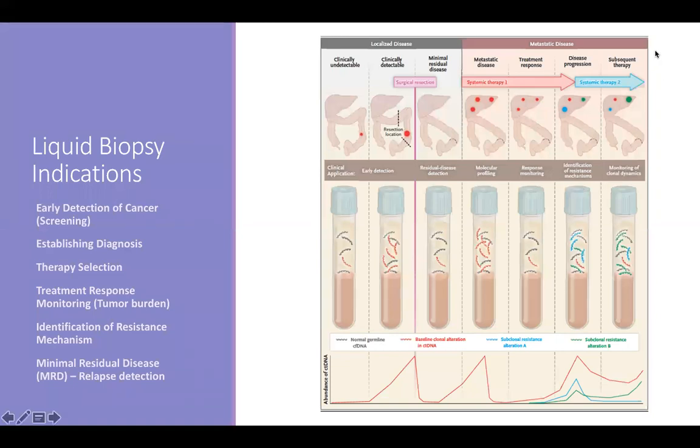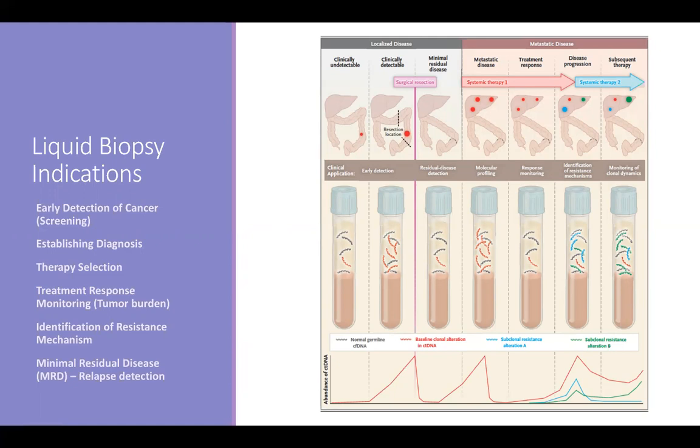So what are the main indications? Here you can see, first, when there's a clinically undetectable tumor, you can use this for early detection of cancer, for screening. And if there's a clinically detectable tumor, then we can have the patient undergo surgical resection or even SBRT.